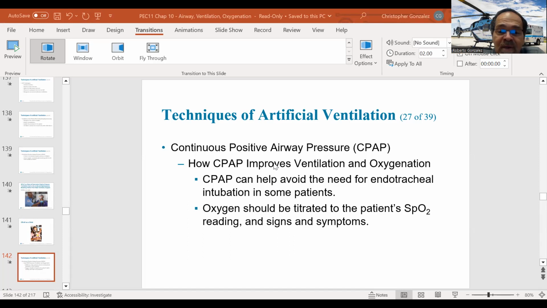Oxygen should also be titrated. Continuous positive pressure. Positive pressure is measured in centimeters of water, or H2O. Positive pressure helps inflate collapsed alveolar walls. So what they do is they force air in to expand the alveoli.